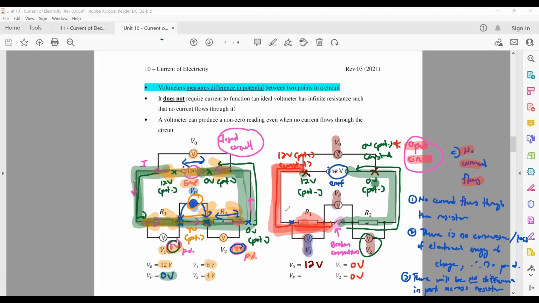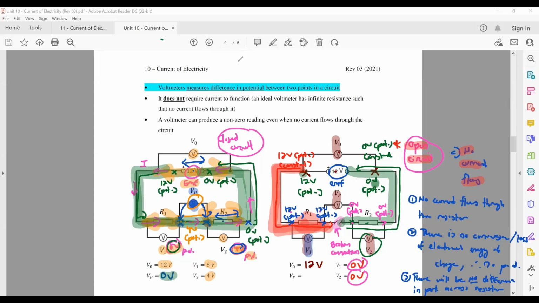Here is 12 volts potential. Here would also be 12 volts potential. And then over here is 0 volt potential. Over here is also 0 volts potential. So you see 0 volt, 0 volt, obviously this is 0. 12 volts, 12 volts, obviously this is 0.